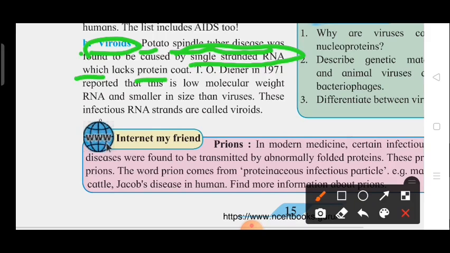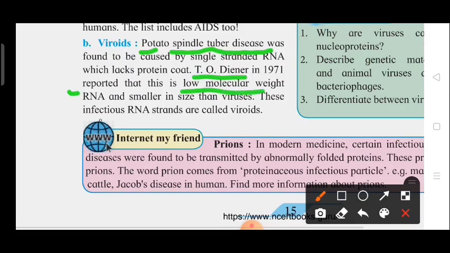They lack a protein coat, having only single stranded RNA. Theodor Diener in 1971 reported that this is a low molecular weight RNA and smaller in size than the viruses.